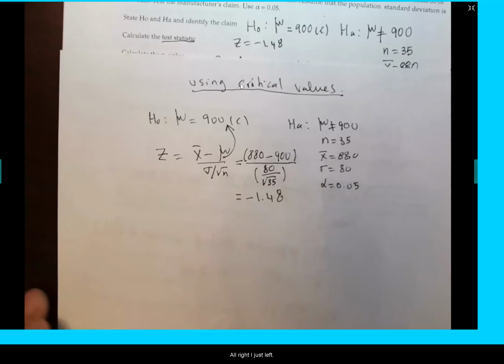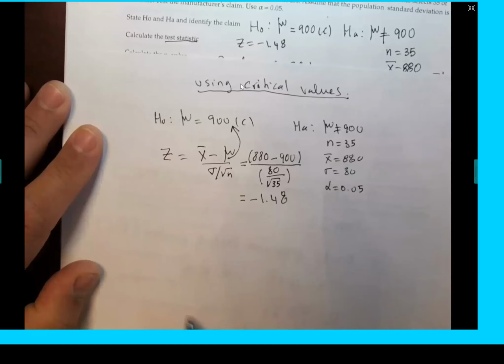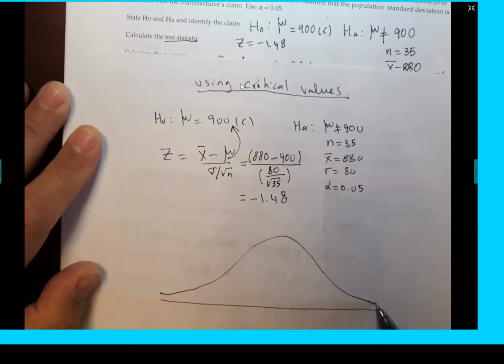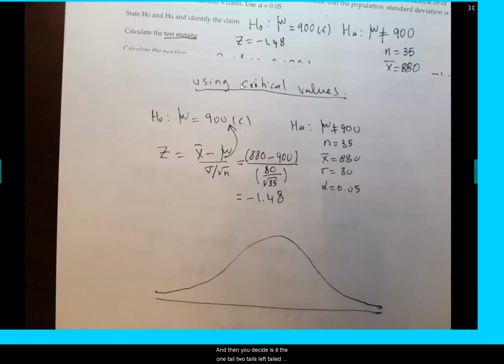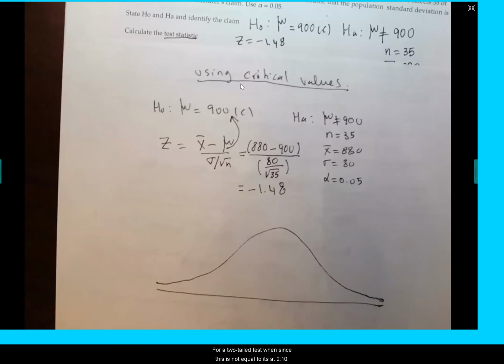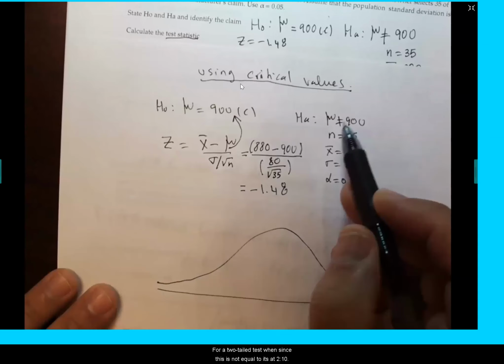All right, here's what you do, guys. Sketch this curve. And then you decide, is it a one tail, two tails, left tail test, right tail test, or a two tail test? Well, since this is not equal to, it's a two tail test.